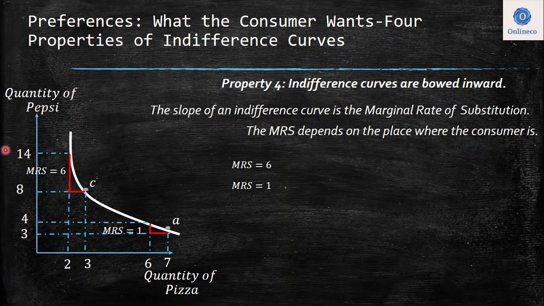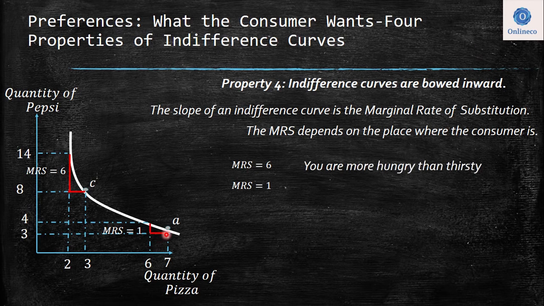You make the difference of 14 minus 8, which is 6, over the change in x, which is 3 minus 2, which is 1. So the marginal rate at point C is 6. For this one, the change in y is 4 minus 3, which is 1, and the change in x is 7 minus 6, which is 1. So the marginal rate at this point is 1.